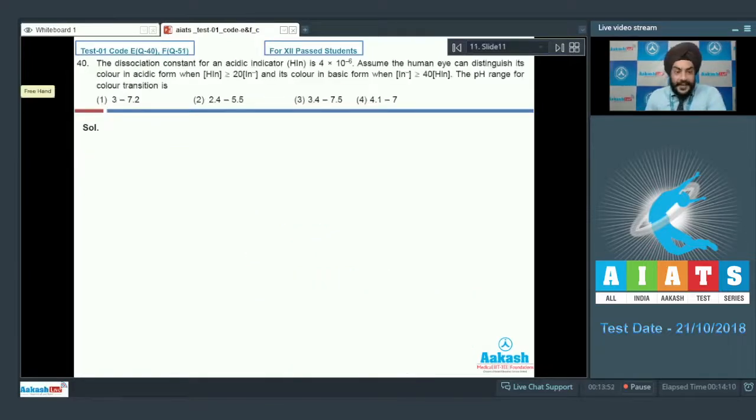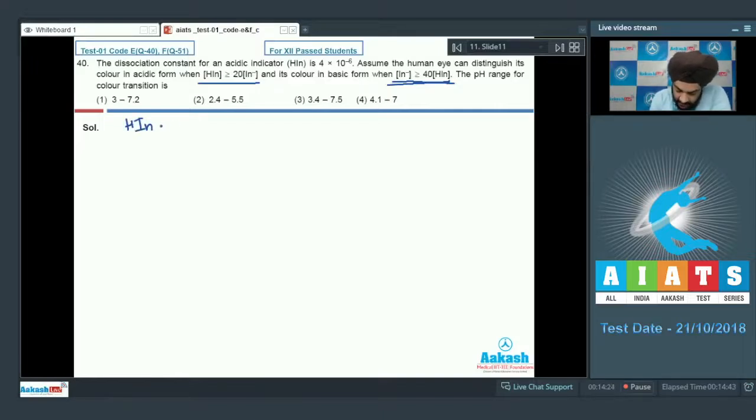Looking at the next question, let us look at question number 40 now. The dissociation constant for an acidic indicator HIN is 4 into 10 raised to power minus 6. Assume that the human eye can distinguish its color in acidic form when HIN is greater than 20 times the concentration of IN minus, and its color in basic form when concentration of IN minus is greater than 40 times the concentration of HIN. So we have to comment on the pH range of the color transition. So we have to first look at the dissociation equilibrium of the indicator.